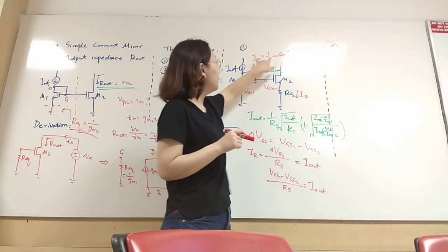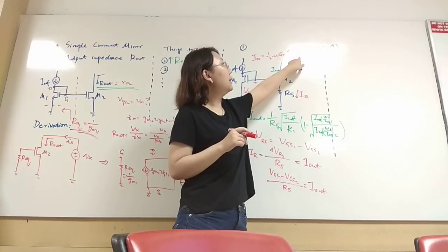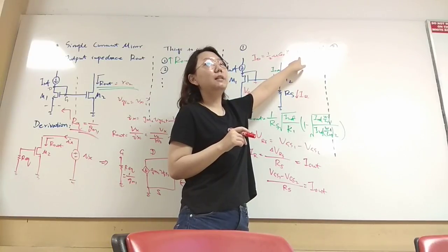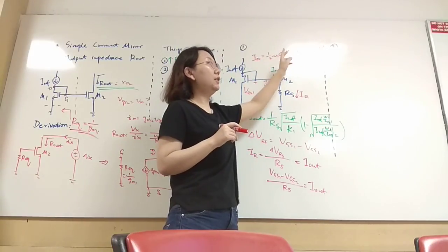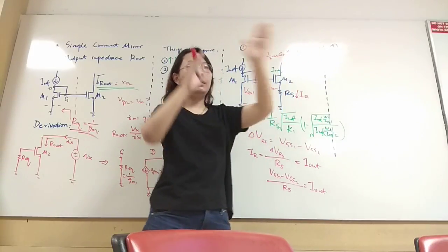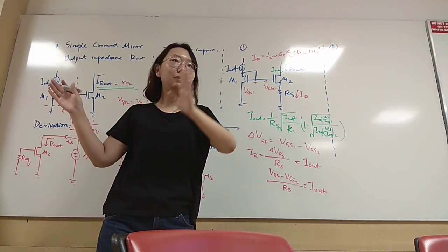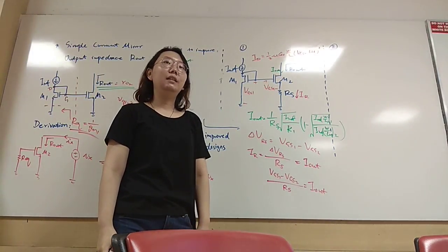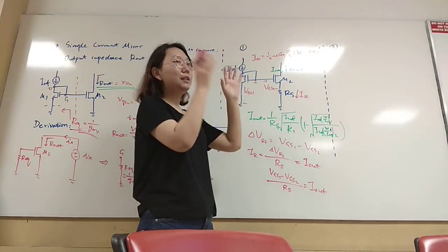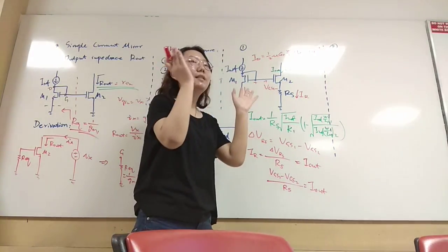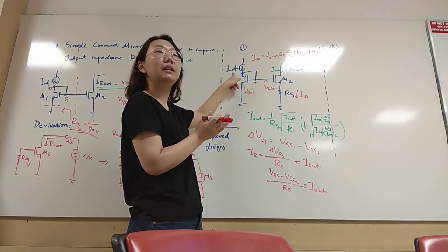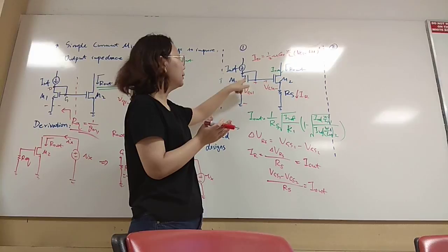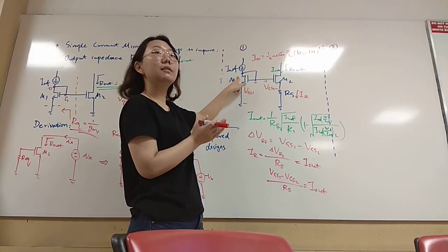So if you shift all the terms and make your VGS the subject, you can manipulate this whole equation into VGS equals something, something, which contains your ID, right? Agree? Okay? So now you get your VGS expression, which contains your ID. And for this case, your ID is just your IREF, because you look at this transistor, your ID is your IREF.